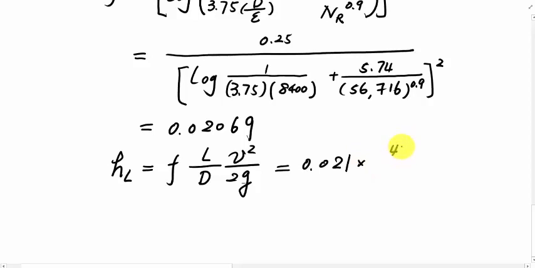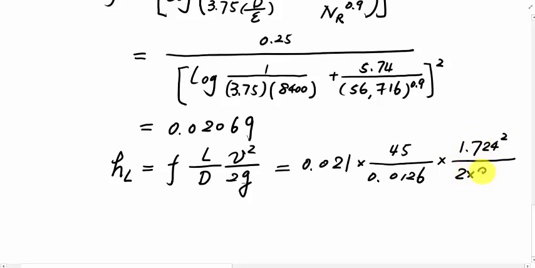And the length, the distance from 1 to 2, is 45 meters. And the diameter, if you remember, is 0.0126 meter. And then we have velocity, we calculated already, so this is 1.724 squared, and 2 times gravity in SI unit, 9.81. Okay, so head loss is 11.36 meters.